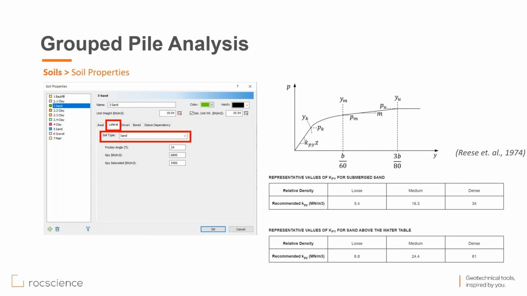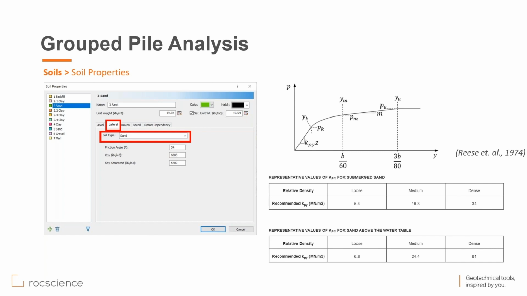For the lateral behavior in a sand, Reese et al. 1974 is what matches your option right here. And a clear definition of your input parameters is described. You have to enter stiffness in the linear range at the initial stage of the loading, which are different for the submerged sand or sand located above the water table.